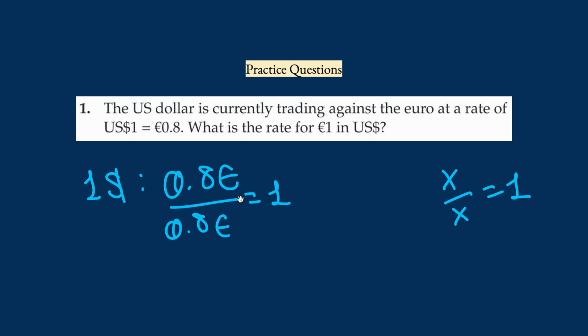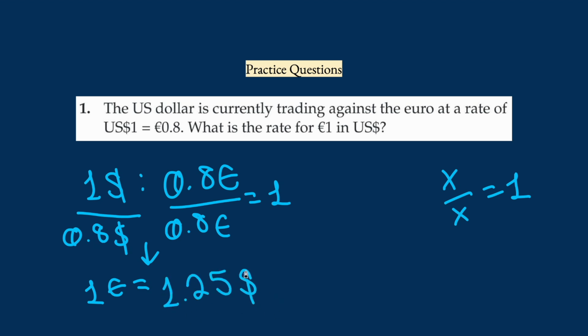But obviously we have to do the same for the other side, meaning that we now have to divide 1 American dollar by 0.80, which basically flips the ratio to 1 euro being equal to $1 divided by 80 cents, which if we take out our calculator to calculate, would have this 1 euro equaling $1.25 in American dollars, which, as we saw in the example before, coordinates with the values they gave us.